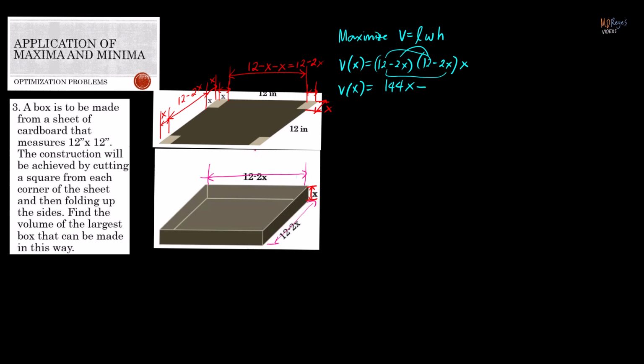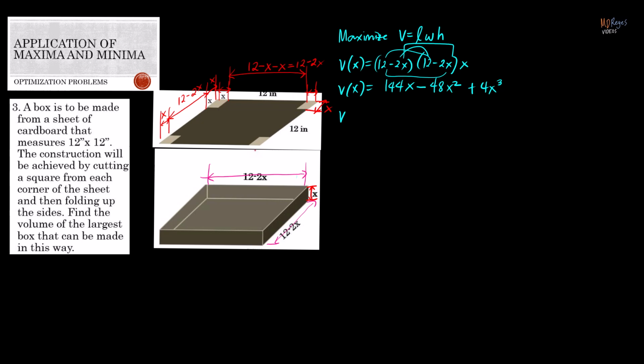So if we add them, we get negative 48x multiplied by x again, so it's x squared. And then the last terms will give us positive 4x squared multiplied by x again. We'll have plus 4x cubed in the last term. Okay, now we're ready to differentiate this function.